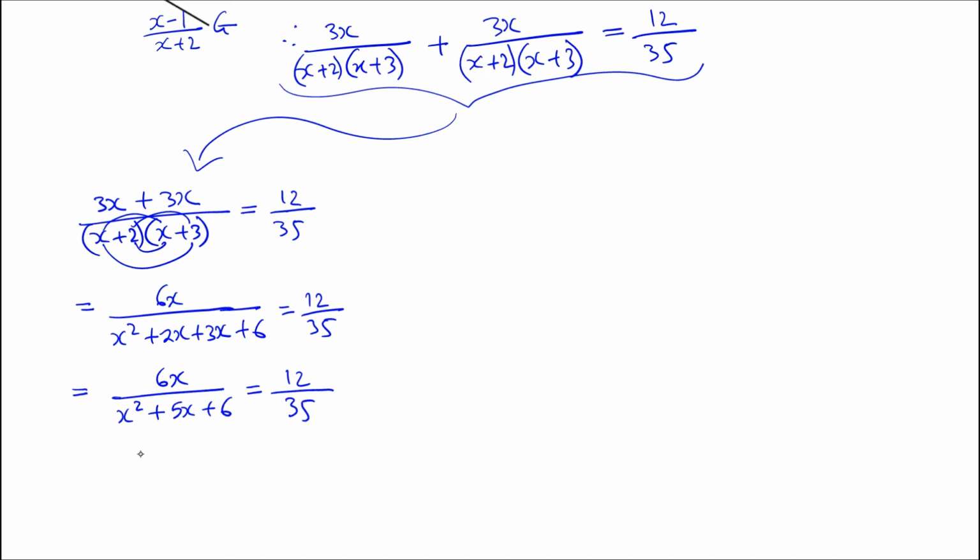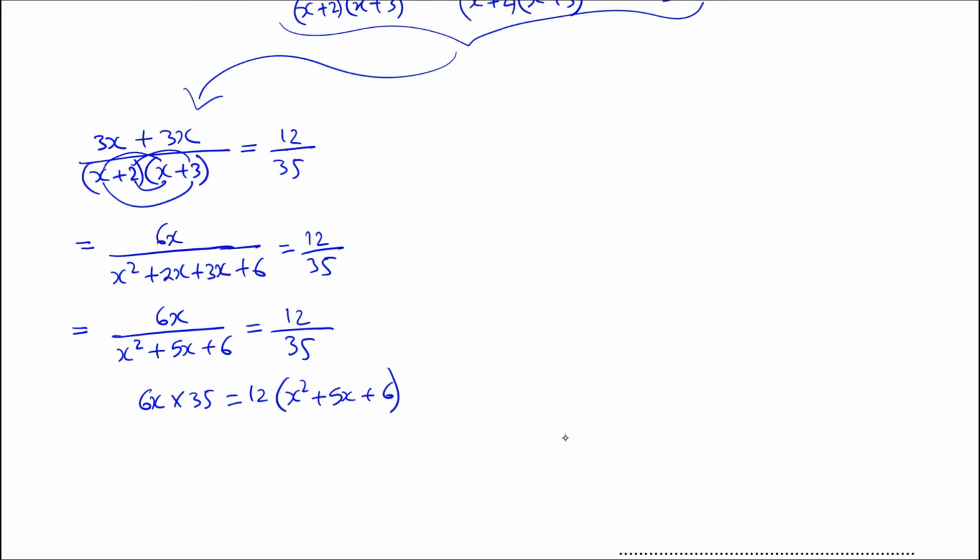And then we can cross multiply here. So 6x multiplied by 35 will be equal to 12 multiplied by x squared plus 5x plus 6. Now 6 multiplied by 35 is 210x, and that will be equal to 12x squared plus 60x plus 72.